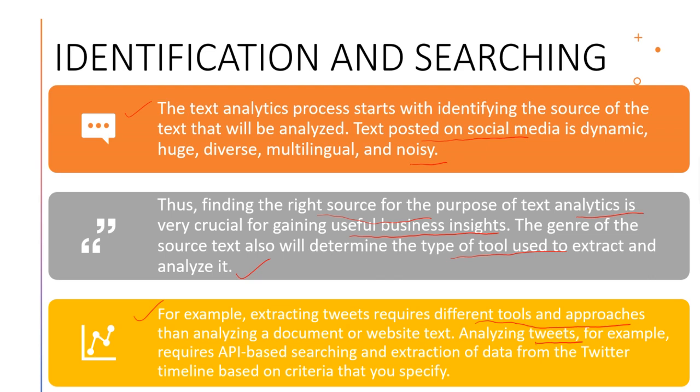Analyzing tweets requires API-based searching and extraction of data from the Twitter timeline based on the criteria that we specify, because on Twitter, millions of tweets are generated every minute. So identifying and extracting tweets which are useful for our product, our service, requires different algorithms.